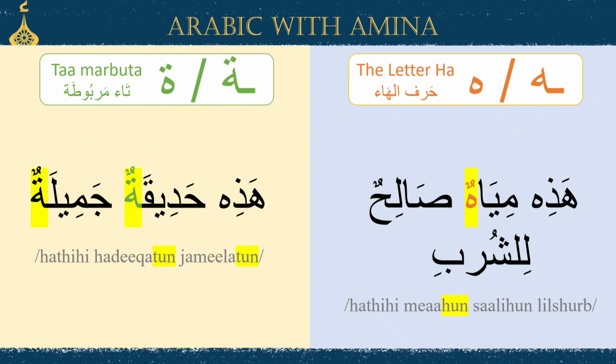So the letter Taa Marbuta, when it is pronounced with tanween or harakat, ends up being pronounced like the letter ta or a T. And if we stop or pause on it, it would be pronounced as the letter ha.